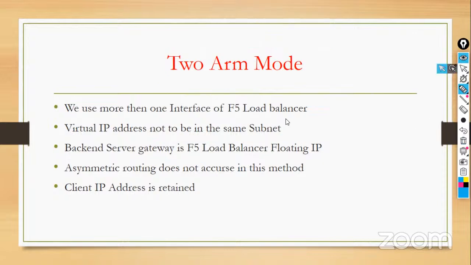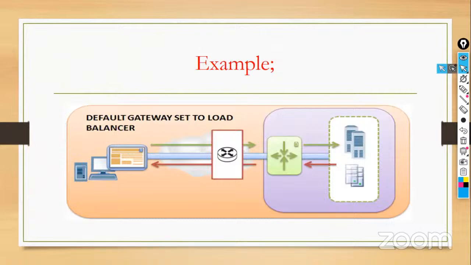So let me give you the example. Consider this is your F5. Here we have the internal interface and this is your external interface. For example, we are deploying a new topology in a company.